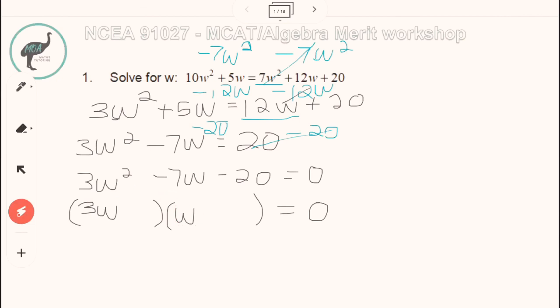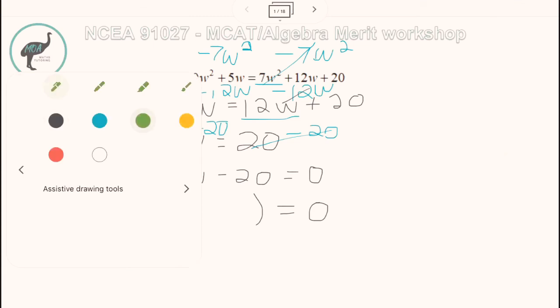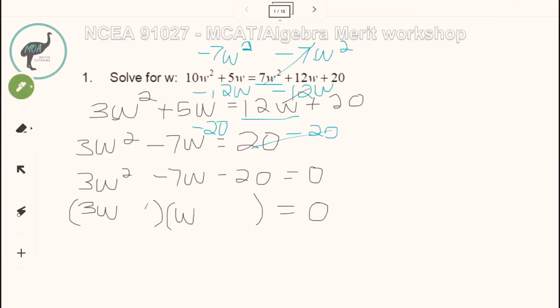But then I need to think of the next two numbers in each bracket needs to multiply to make negative 20. And there's a few options for that, but I'll start with an obvious one of 5 and 4. One of them will have to be negative because of the negative 20, but I'll start by just finding a combination that works first. So if I look at, let's just try for now 4 and w.